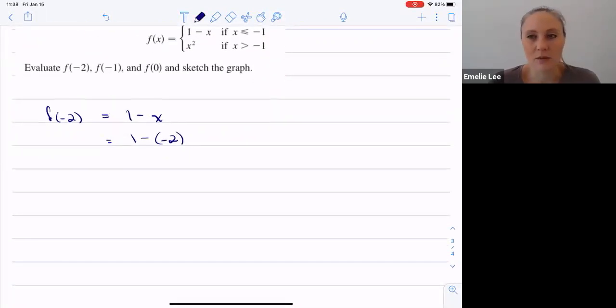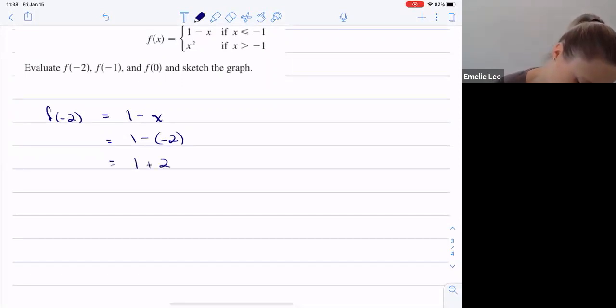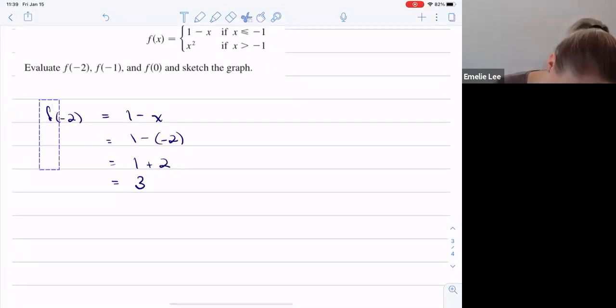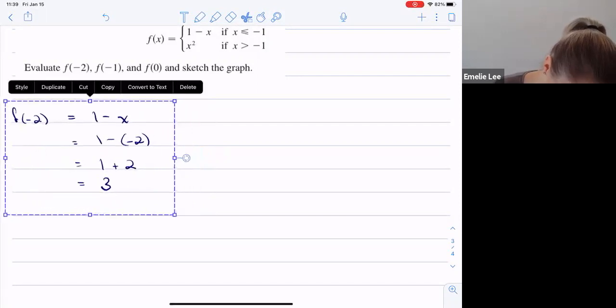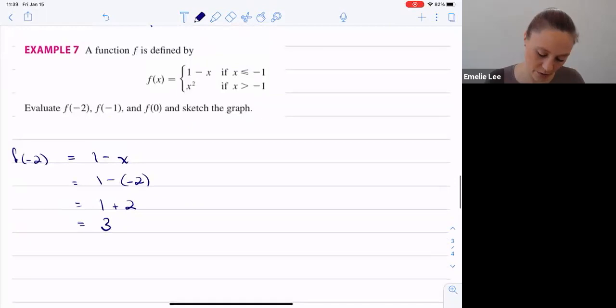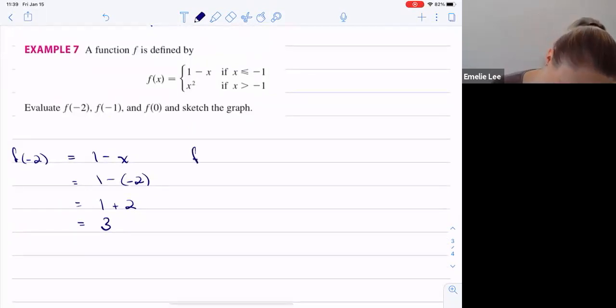Dealing with negatives, right? Minus a negative is a plus, so 1 plus 2, which is 3. Showing way more work than you have to. Maybe I'll try to keep it all on. I'll do them side by side, just so we don't have to scroll around so much.